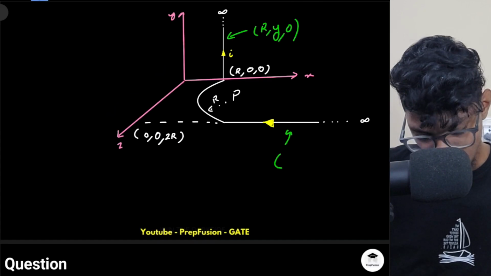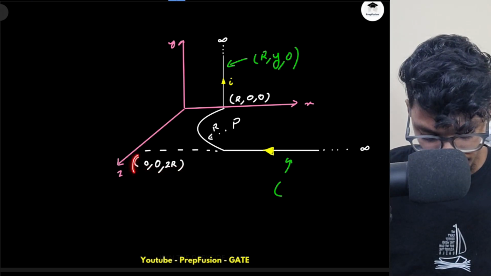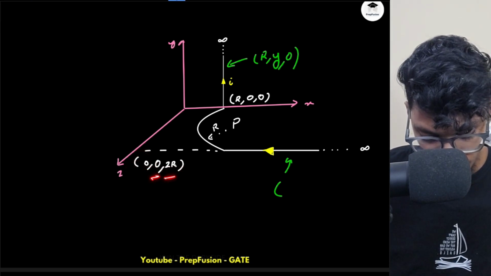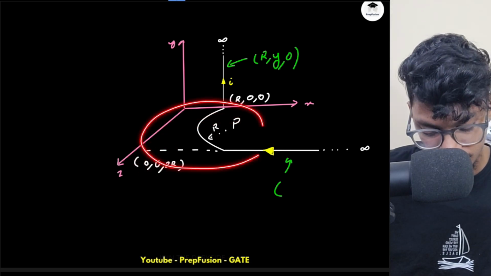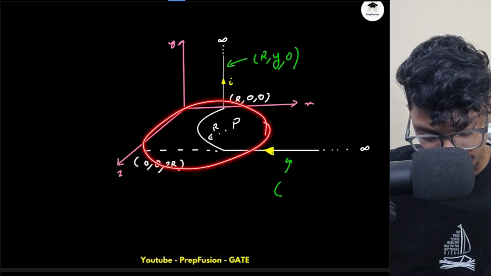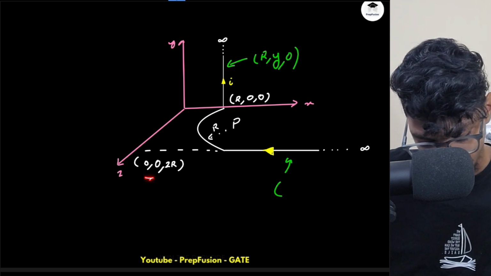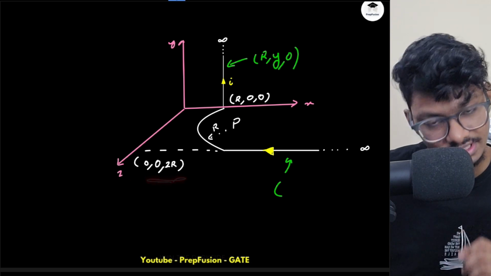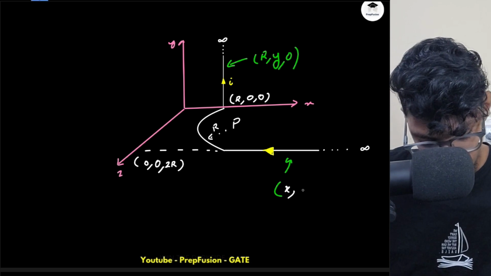So can you tell me what is varying here? Here my x is varying because the 0 and 2r are fixed. This is always lying in the xz plane, so y equals 0 and z equals 2r, these two coordinates are fixed. What is varying is x: x comma 0 comma 2r.